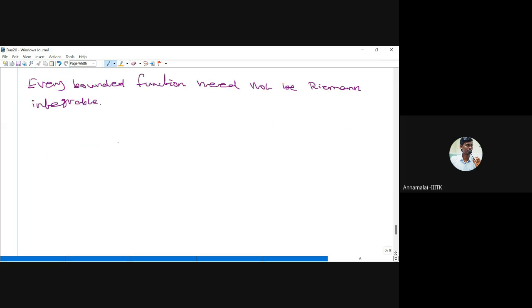So the function f of x is defined on the closed interval a comma b to be 0 if x is rational in the interval, and 1 if x is irrational in the interval.